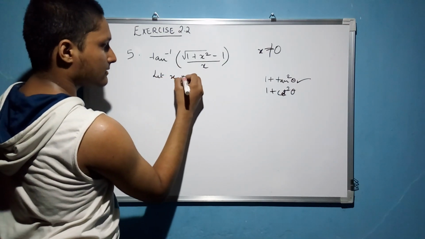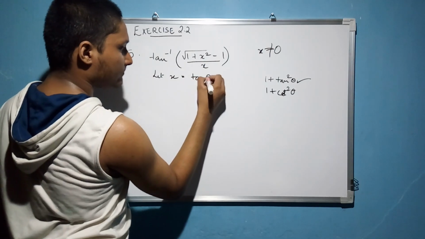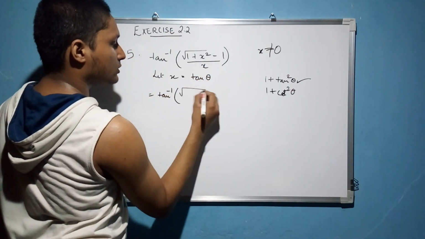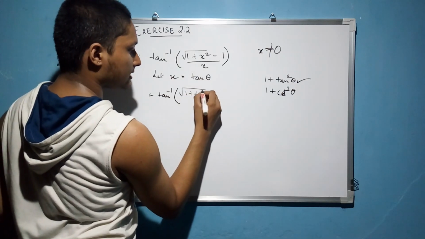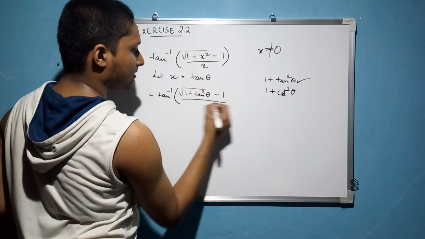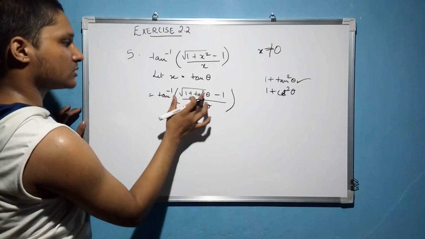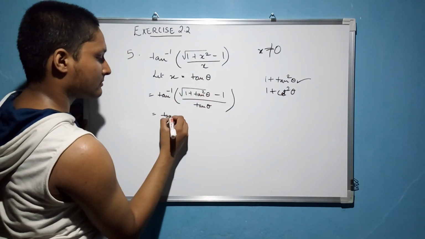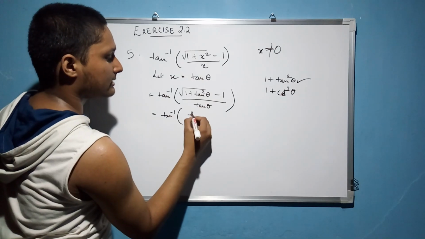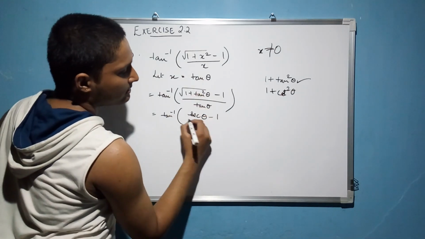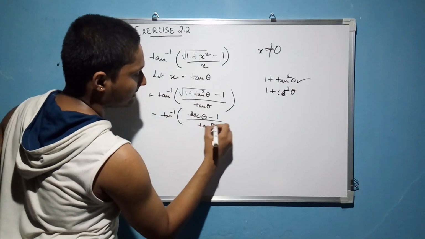Let x is equal to tan theta. What is it going to be? This becomes tan inverse root of 1 plus tan square theta minus 1 divided by tan theta. So this becomes sec square theta, right? Root of that becomes sec theta minus 1 divided by tan theta.